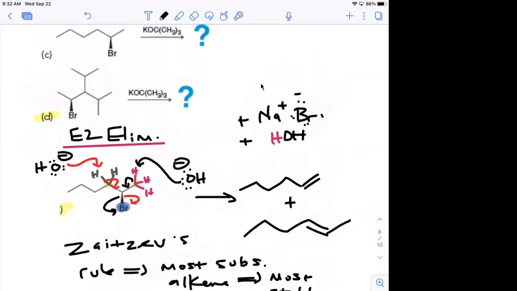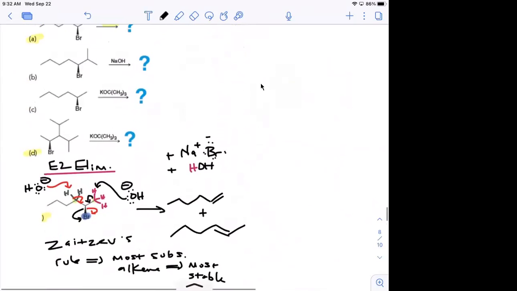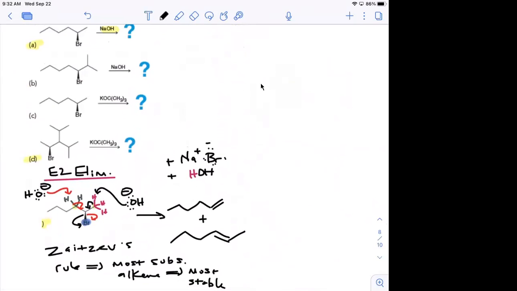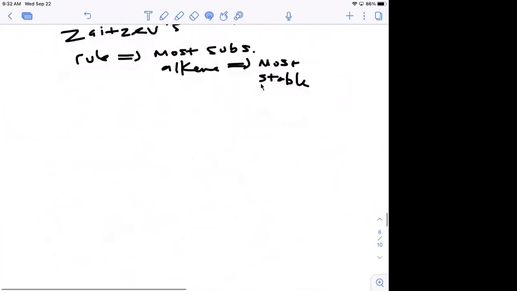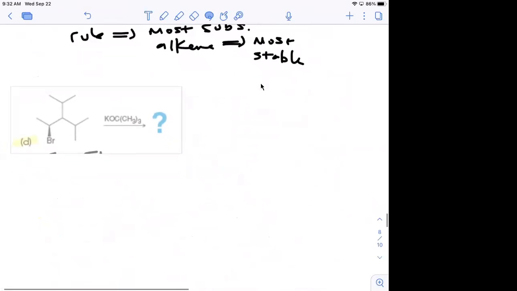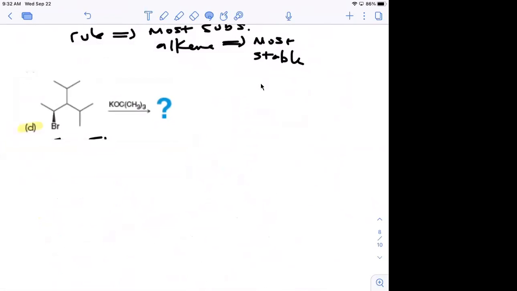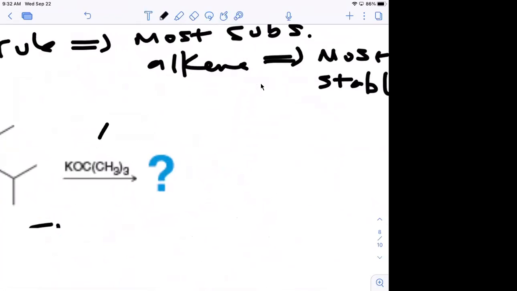Good. All right, let's do D. We're not gonna go through the mechanism because we should be familiar with the arrows now, but I'm gonna cut it out so we can write the products. And the reason I'm doing D is because there's a different type of base there. That base, I showed you the other day, sometimes you'll see it written like this: KOtBu, tert-butyl.